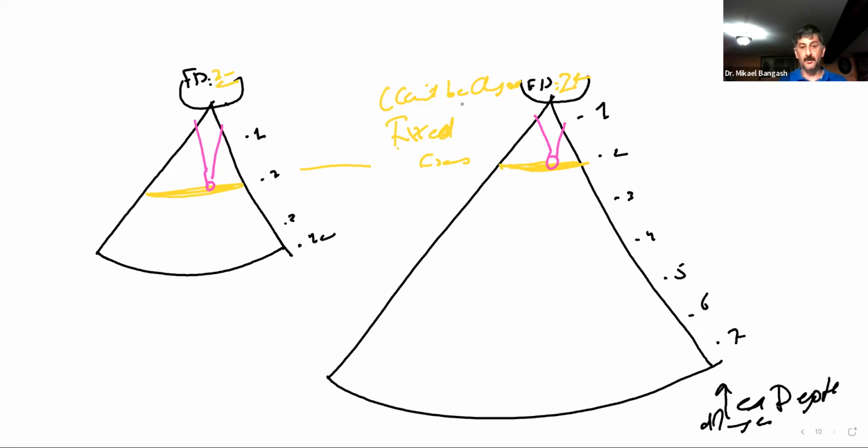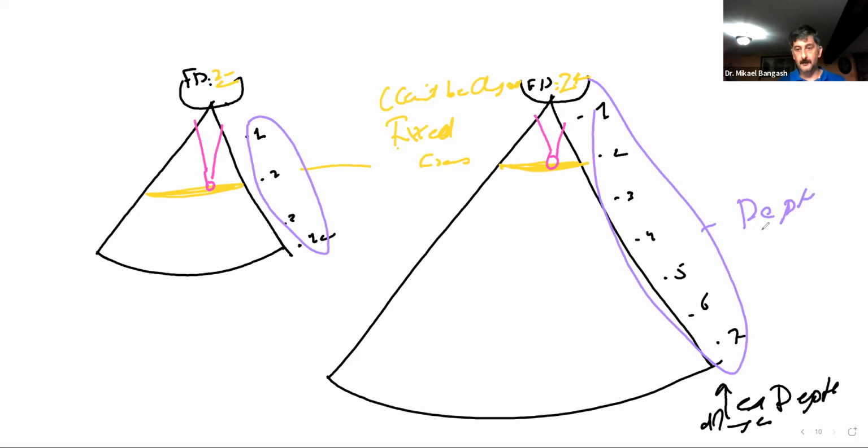Whereas these numbers out here or here, that was the depth of image.